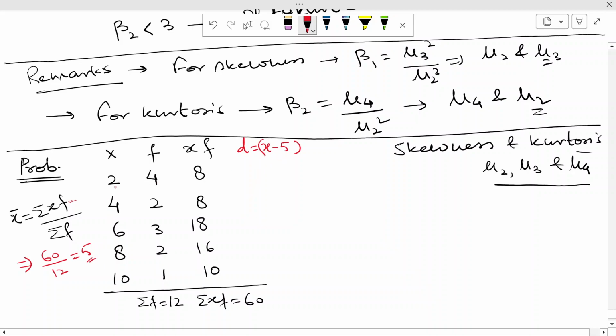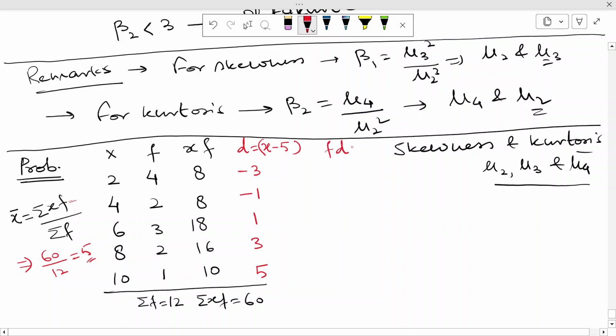These are our observations, and to get the deviations we subtract the mean from each observation. So 2 minus 5 is -3, similarly 4 minus 5 is -1, then 1, 3, and lastly 5.